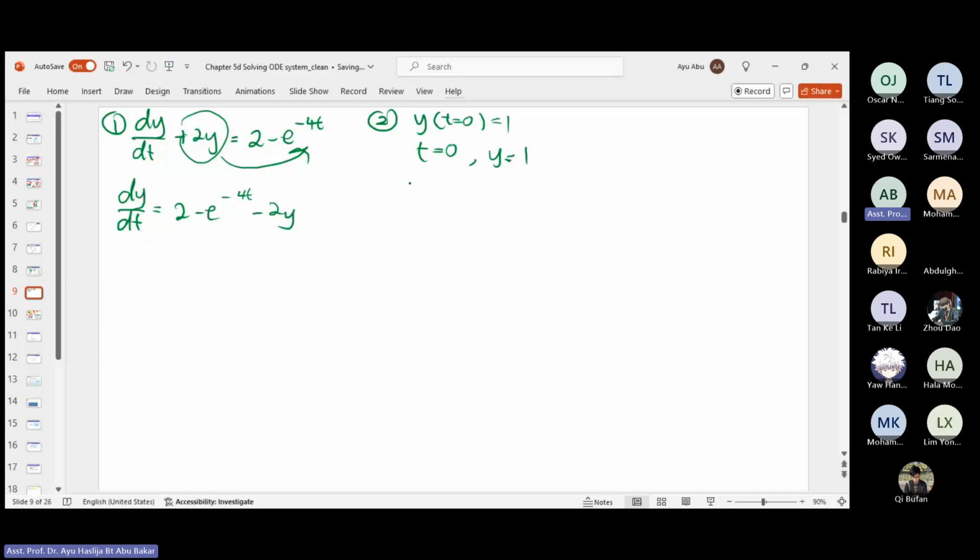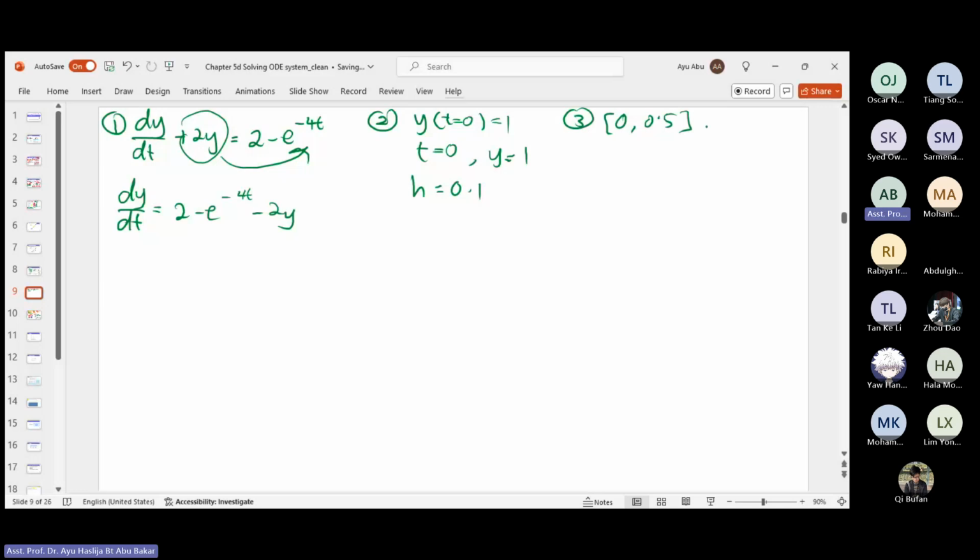Then your step size, we just take 0.1 first. Step size, that is your h. Next one, what is your range? The interval is mentioned as 0.5.